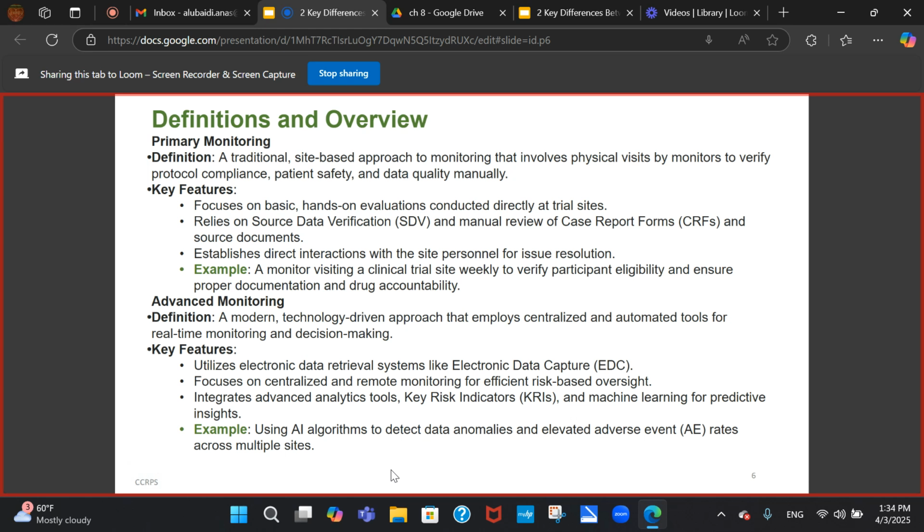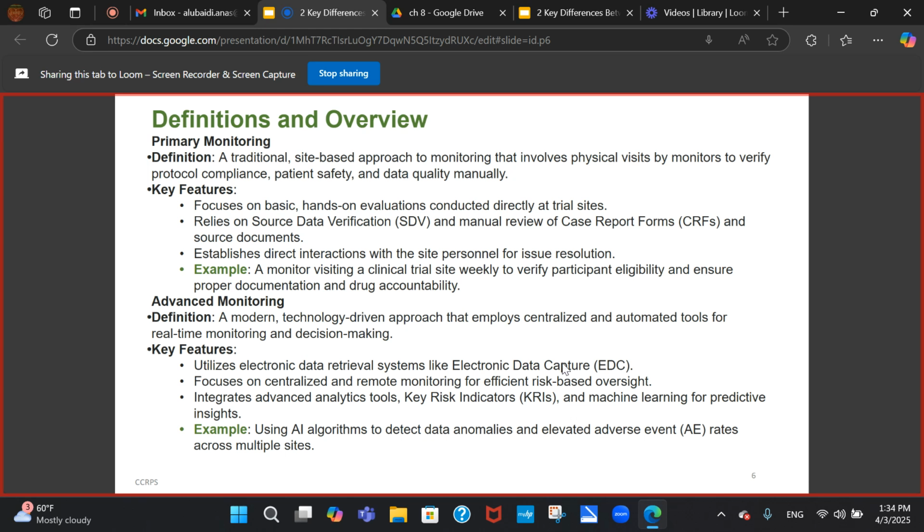This applies when there is a big trial that is global, international, or has multiple sites. So this example applies perfectly to advanced monitoring: using an AI algorithm to detect any anomalies in the rhythm or rate of AEs at the same time, within multiple sites, across multiple locations.